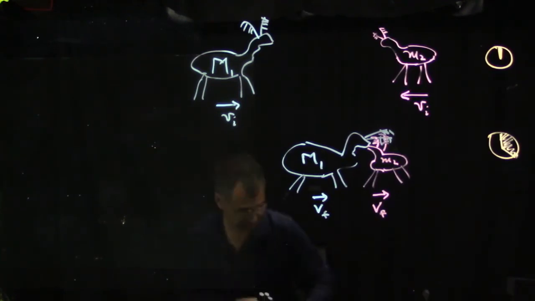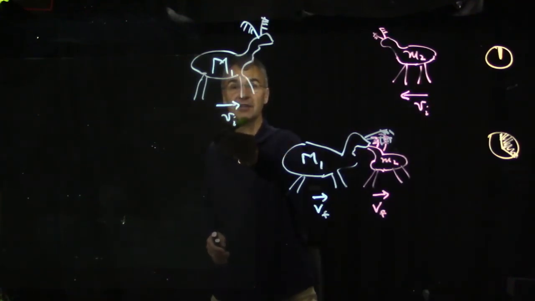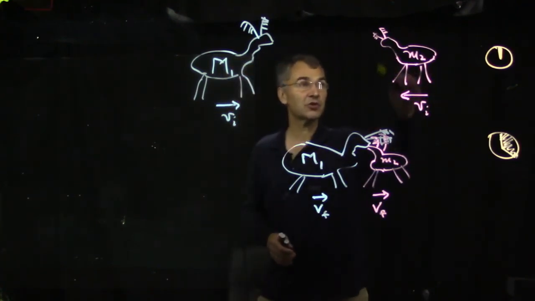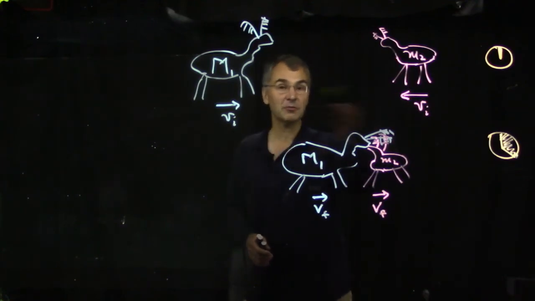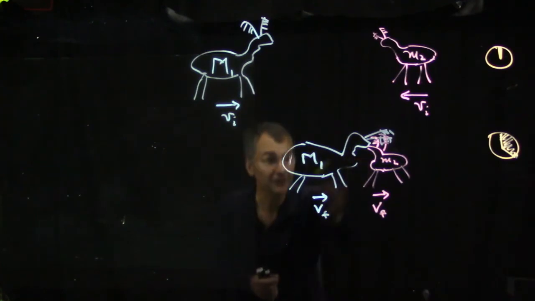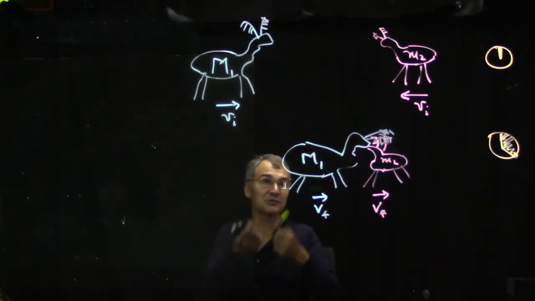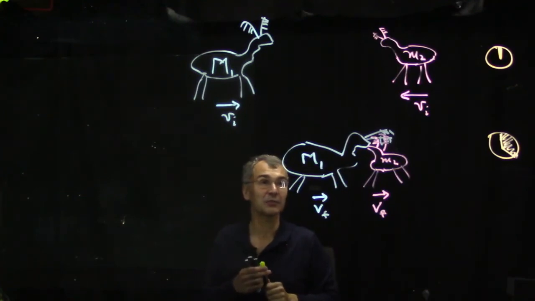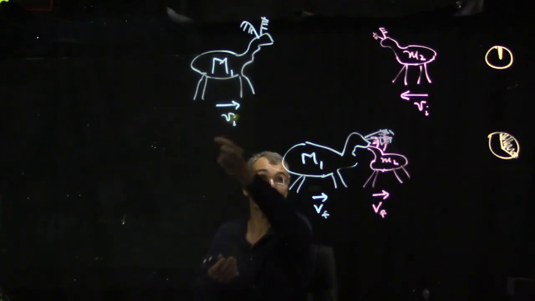So in the initial state, we have a big moose moving to the right with speed v initial. We have a little moose moving to the left at speed v initial. So these are the same speed, but of course in opposite directions. Then their antlers lock together, and this tangle of moose antlers and legs goes sliding together across the tundra. Which direction does it slide?